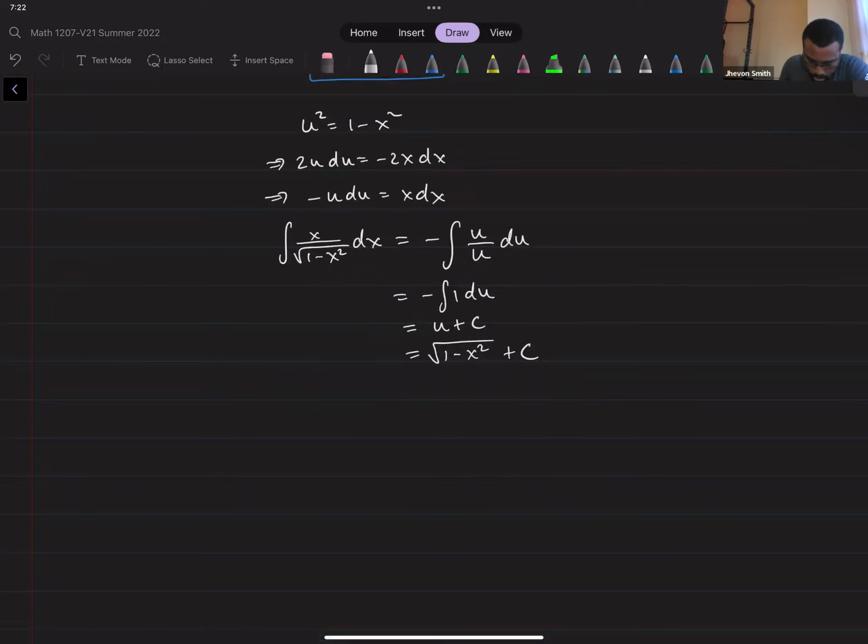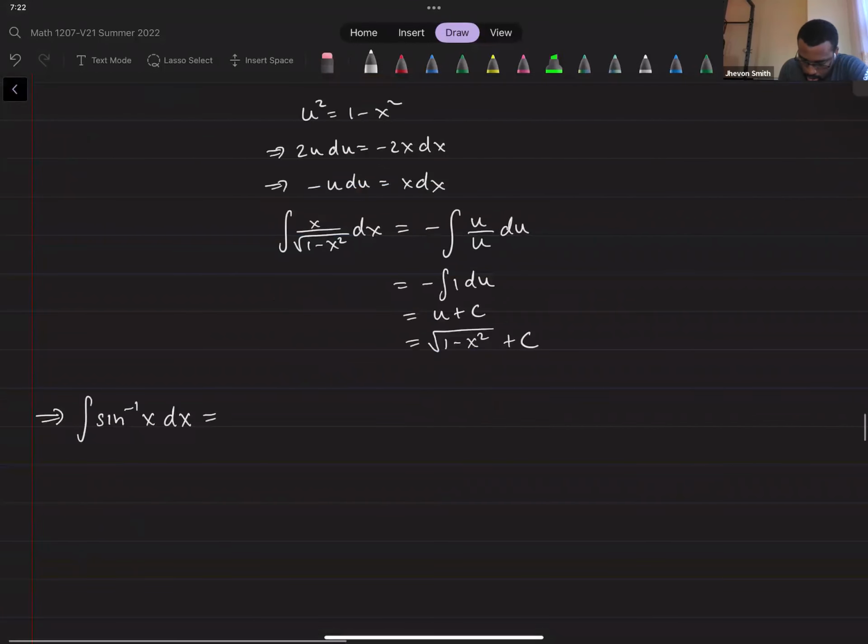And so ultimately, the integral of sine inverse of x is x sine inverse of x minus the radical of 1 minus x squared plus c.